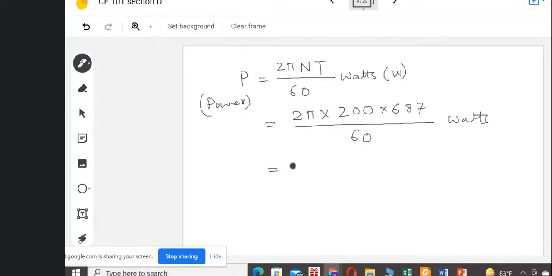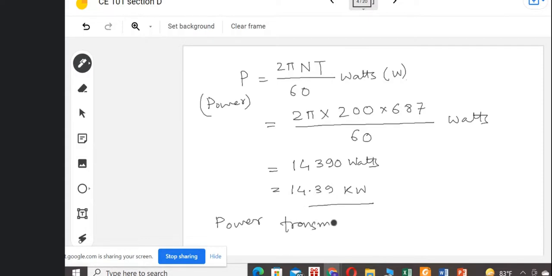It comes to about 14.39 kilowatt. So this is the power transmitted by the complete shaft.